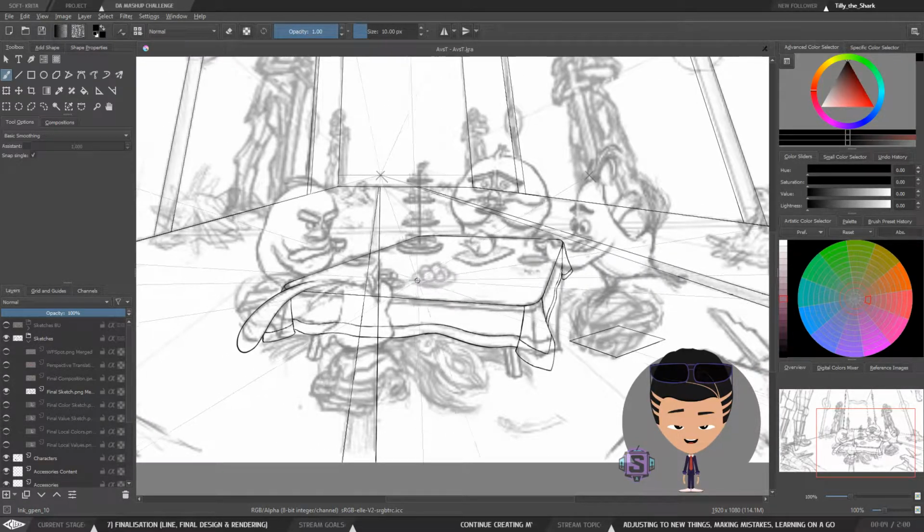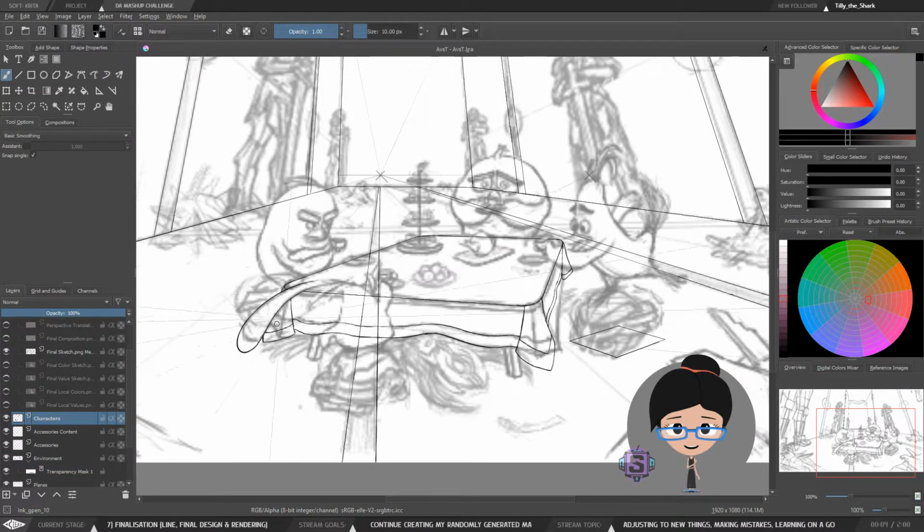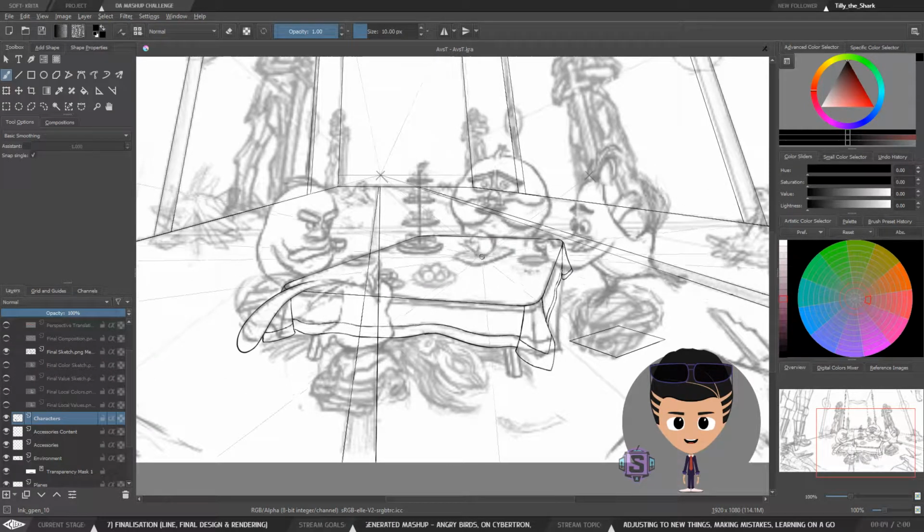Either we draw the characters, which we kind of already started, or the accessories on the table. But with the accessories, we need to design them from the ground up, because they're not designed yet.